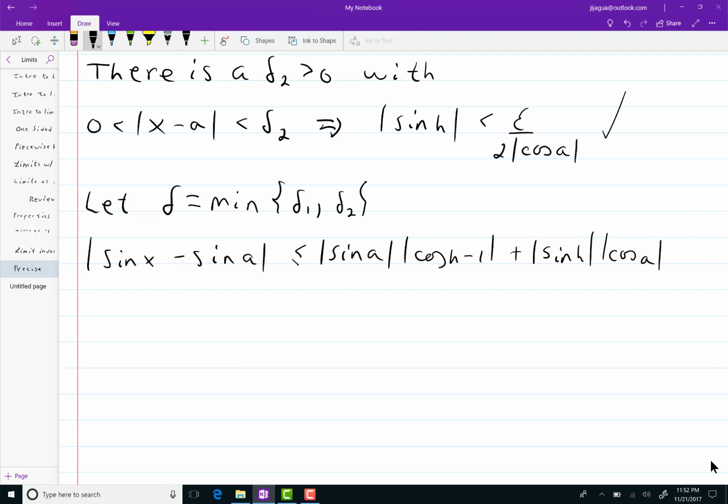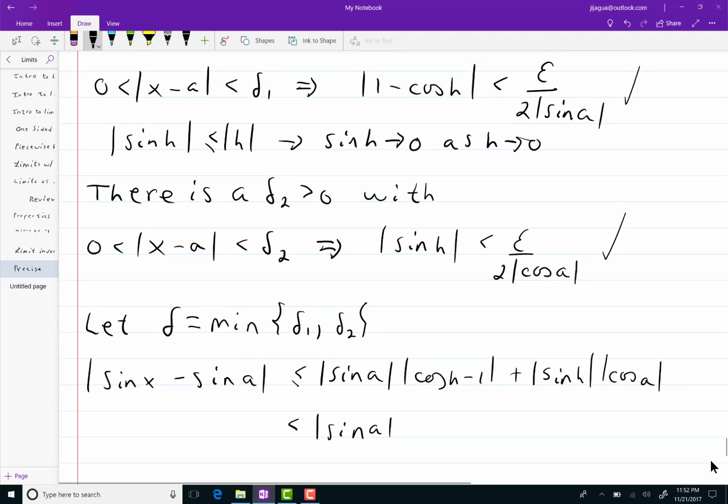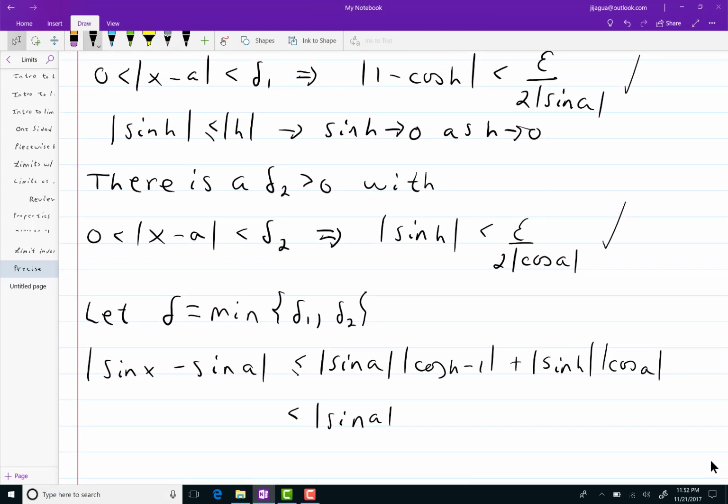Now let me put in the inequalities that I have here. I have the absolute value of sine of a, and actually this should be strictly less than, because those inequalities up there were that. The absolute value of cosine of h minus 1 was less than epsilon over 2 times the absolute value of sine of a. You'll see why I chose what I did.